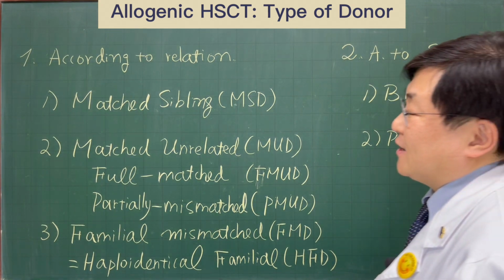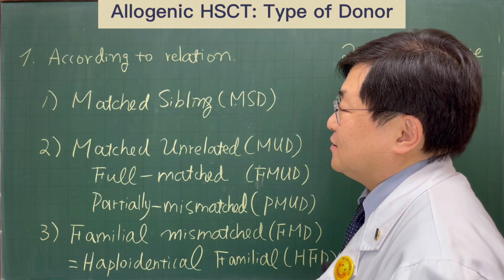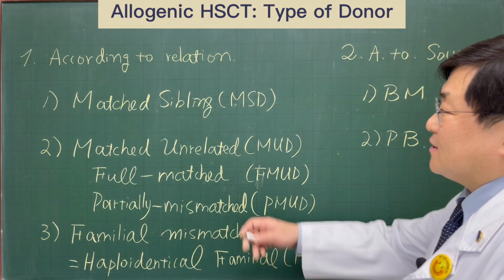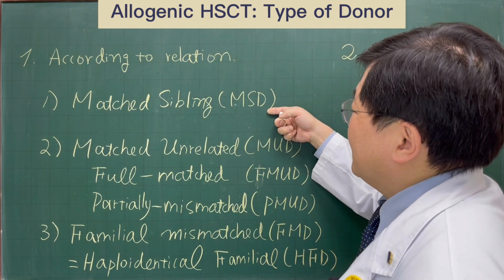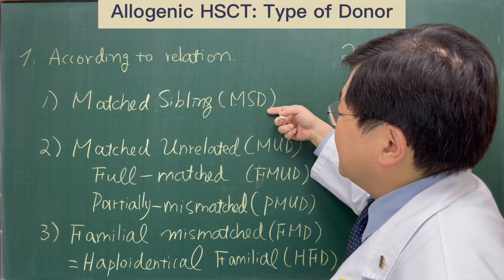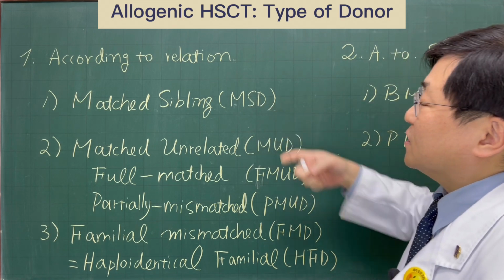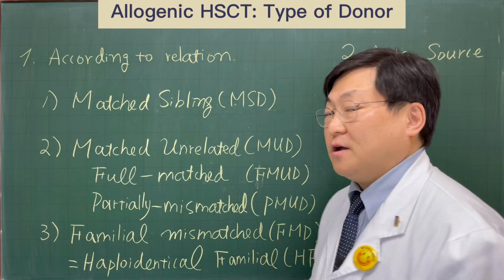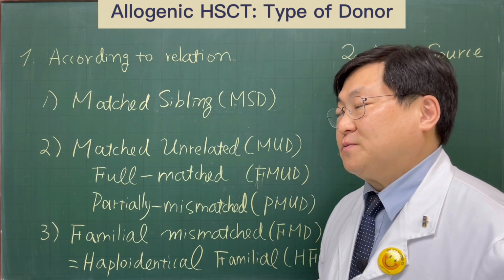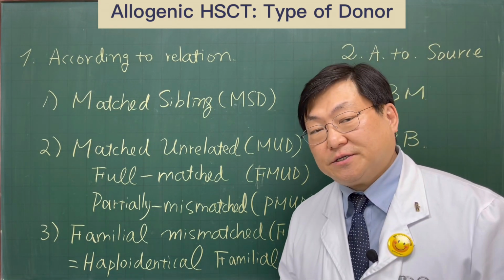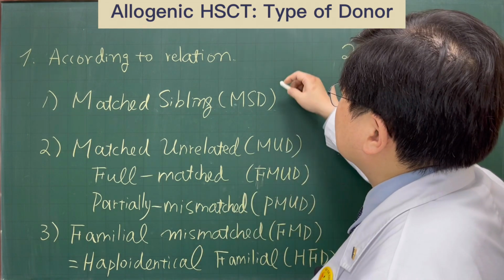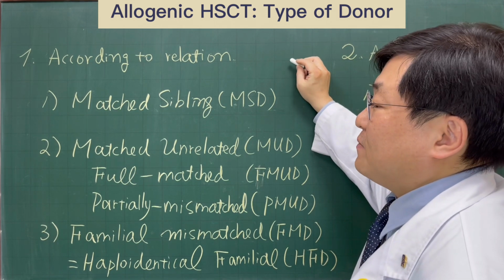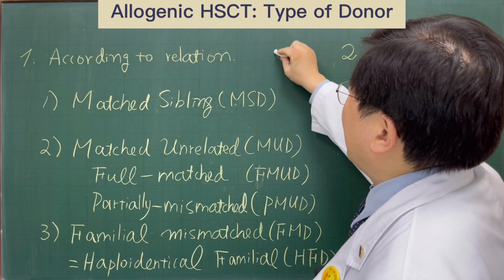First, we can get the allogeneic cell transplantation donor stem cell from the matched sibling donor. We can simplify this full name as MSD, which means the matched sibling donor. For all human beings, we have siblings, which means a brother and sister, and all the brothers and sisters will have the same HLA typing from the same parents.